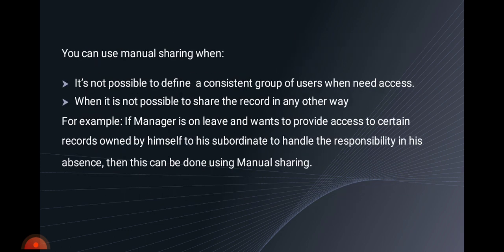You can use manual sharing when, number one, it's not possible to define a consistent group of users who need access. And second, when it is not possible to share the record in any other way. For example, if a manager is on leave and wants to provide access to certain records owned by himself to his subordinate to handle the responsibility in his absence, then this can be done using manual sharing.